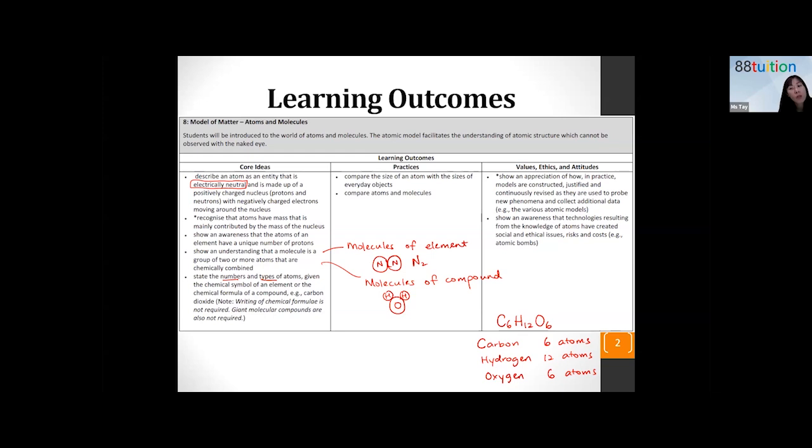If they ask you how many atoms and types are there in 3 molecules of sugar, what will your answer be? The types should remain the same, right? Because the types are still going to be carbon, hydrogen as well as oxygen.